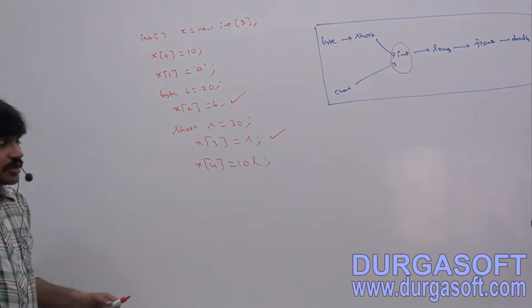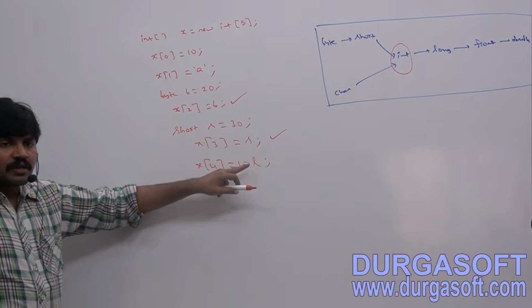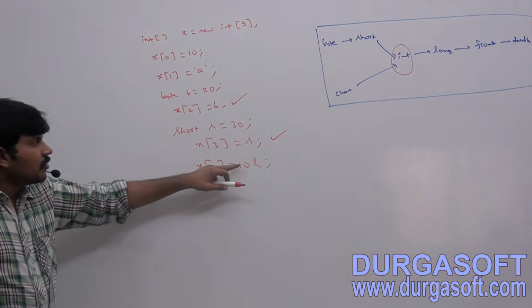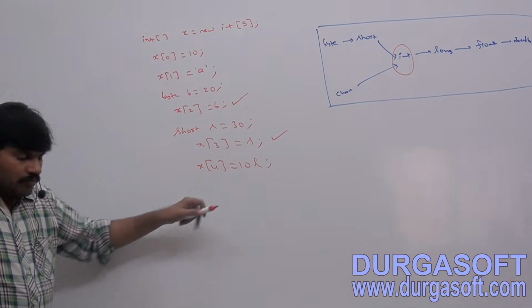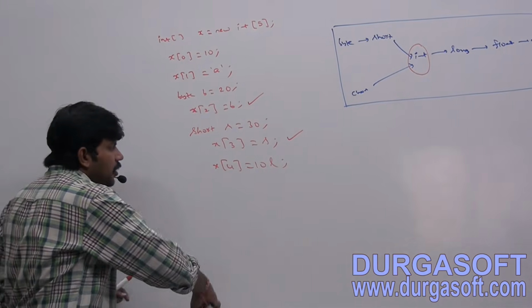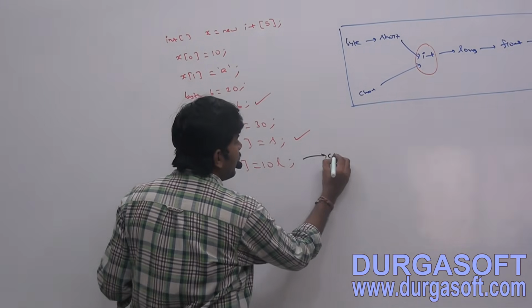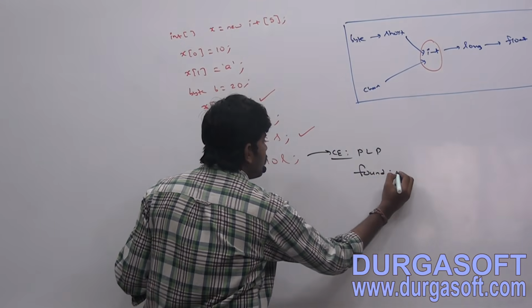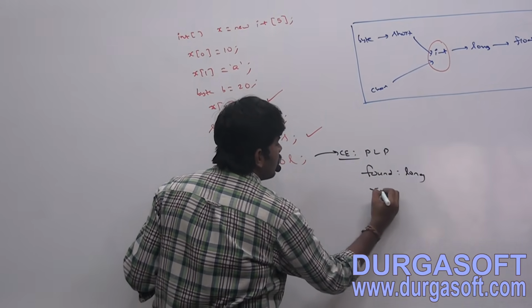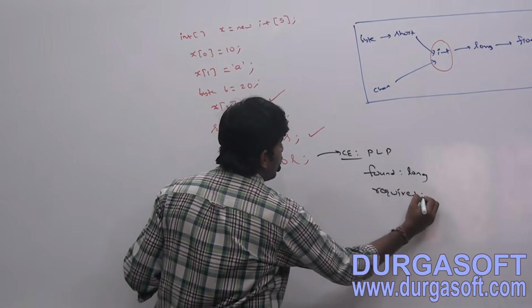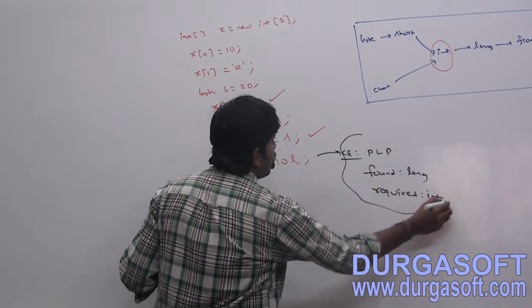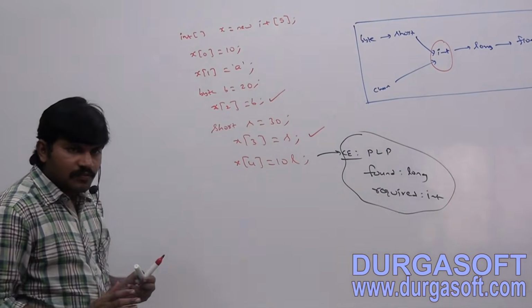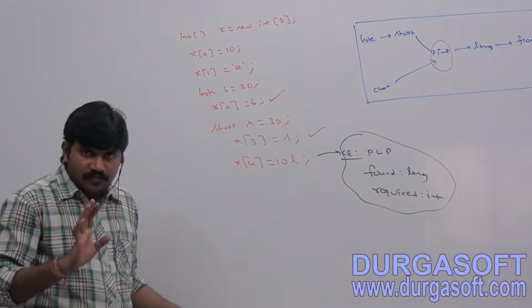Valid or invalid? Invalid, because in the place of int we cannot provide long. By mistake, if you provide long, immediately compile time error saying possible loss of precision. Found long, required int. I hope it is clear for all of you.